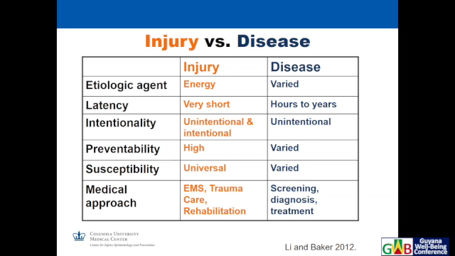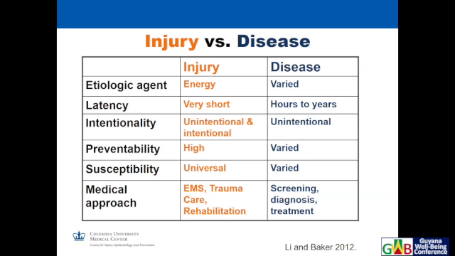You are still susceptible to being injured. On the other hand, susceptibility to diseases depends on the type of disease. For a lot of infectious diseases, nowadays we have very effective vaccines that sometimes provide lifetime immunity.